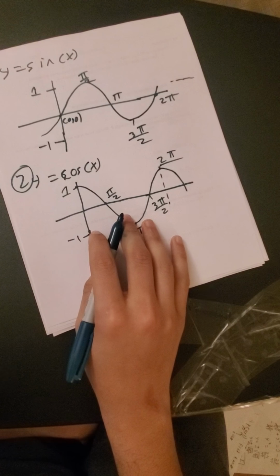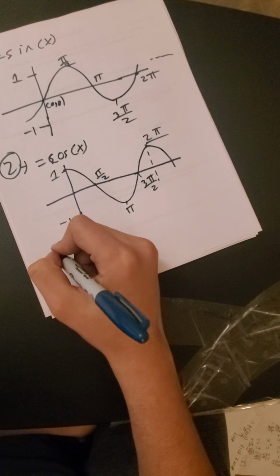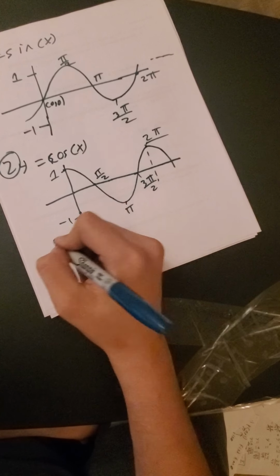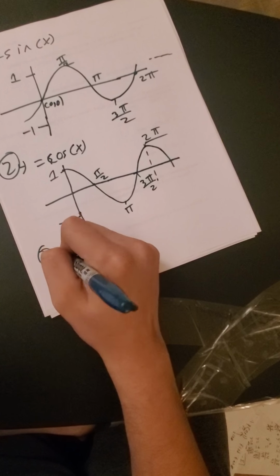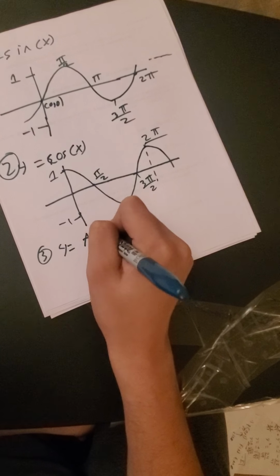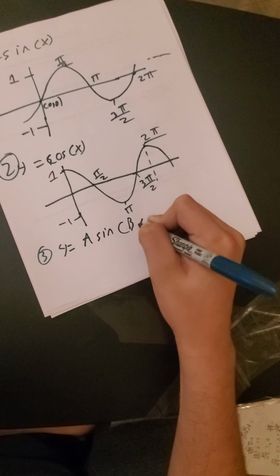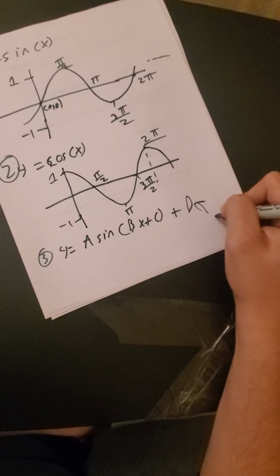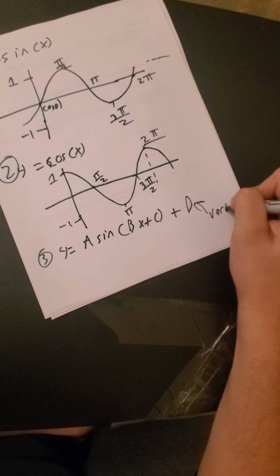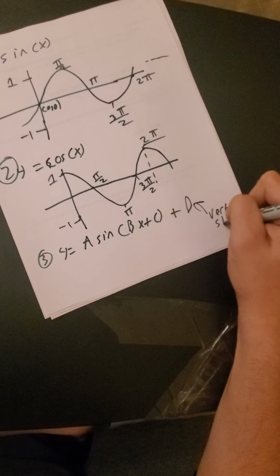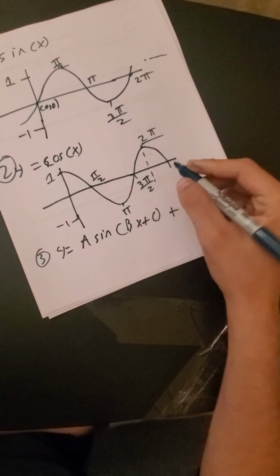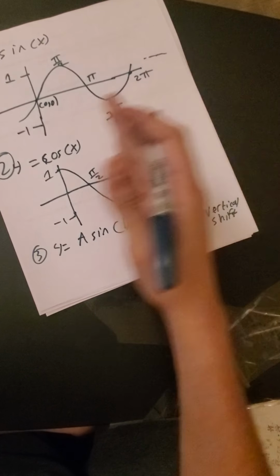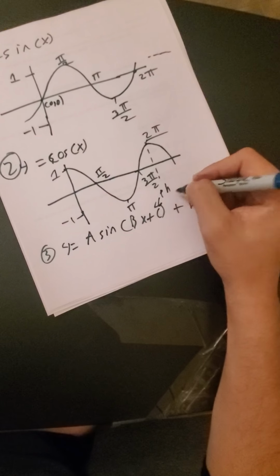And the third most important thing is the formula for the phase shift, the period, and the amplitude. The formula is y equals a sine of bx plus c plus d. So d is the vertical shift, c is the phase shift when we move the whole thing to the right or to the left.